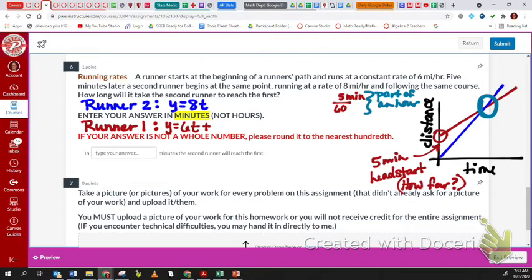Miles per hour. So then we can take 6 miles per hour. That's 6 miles in 1 hour. We can multiply that by 5 over 60 because now this is also in hours. That is a part of an hour.